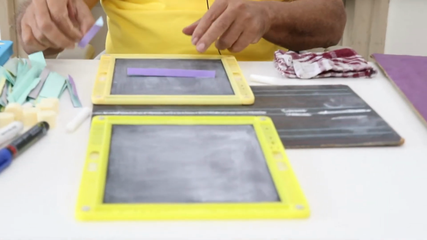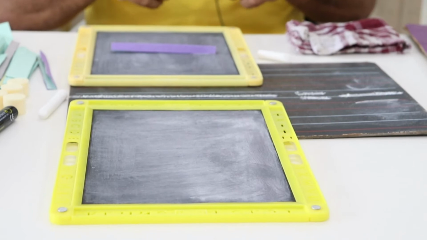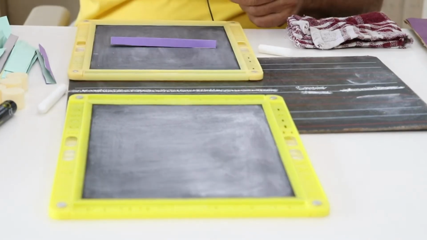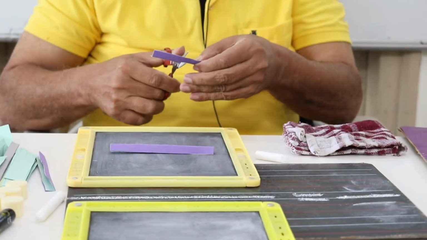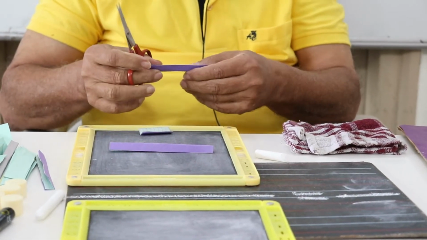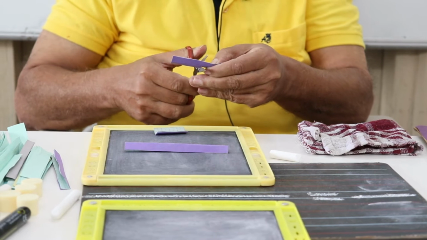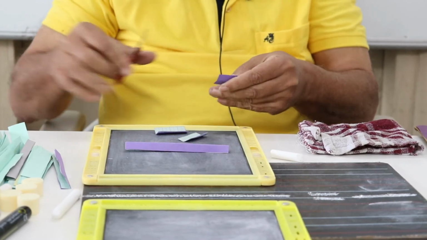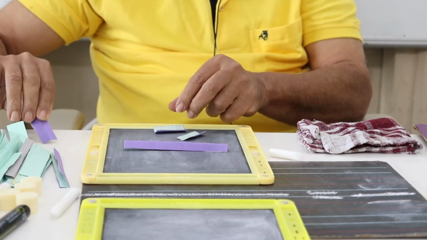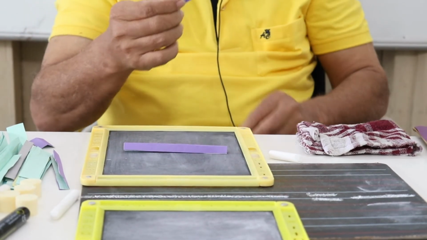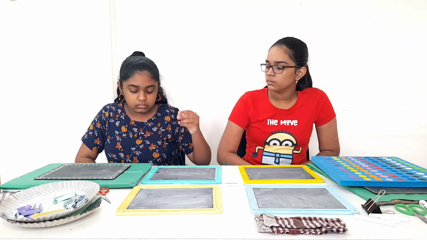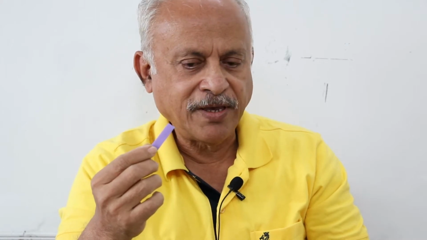I am going to take this and I am going to divide this into 3 equal parts. So, Gyan Jyoti, what do I have in my hand? 1 by 3. Okay.